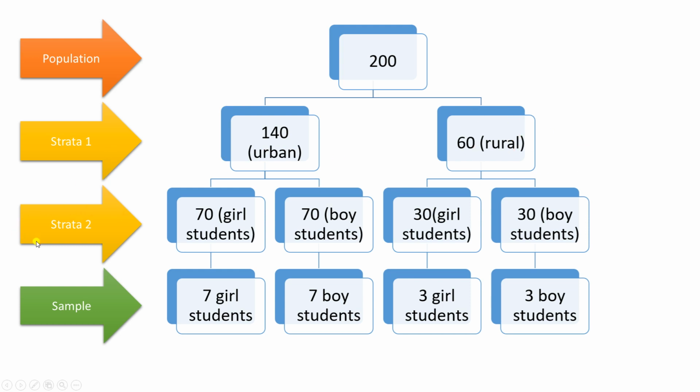In the next stratum, I know that the boy and girl student ratio is 1:1, that is 50% each. So among these 140, there are 70 girl students and 70 boy students from urban areas, and among the 60, 30 girl students and 30 boy students are from rural areas.